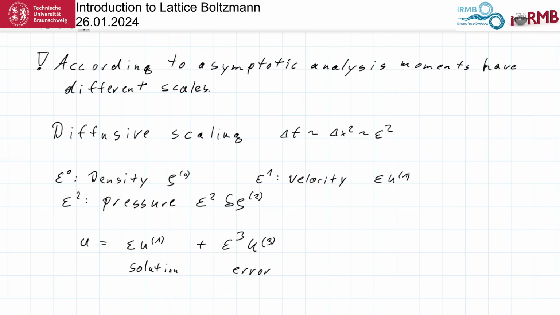We have not directly specified what epsilon is, since epsilon depends on the simulation. But the thing we are sure of is, asymptotically speaking, epsilon to the order 0, so 1, is much larger than epsilon to the first order, which is much larger than epsilon to the second order, and so on. This is what we established.